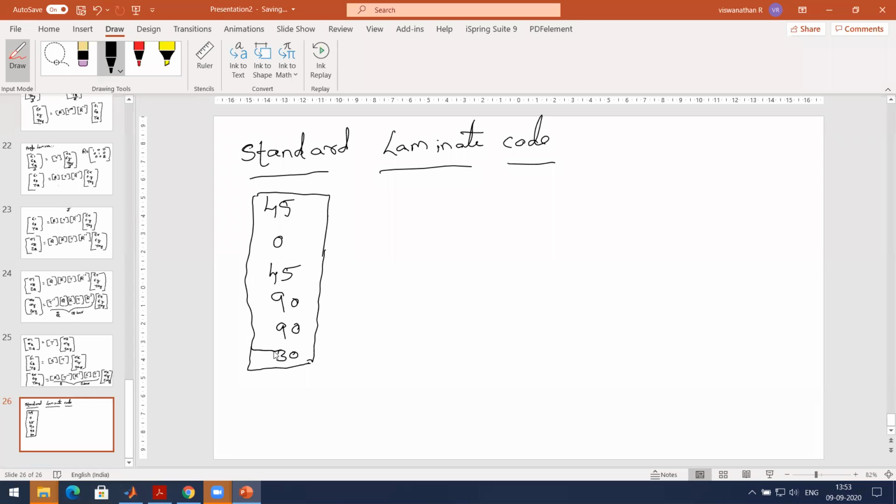The bottom layer is aligned at 30 degree. The second layer is at 90 degree.